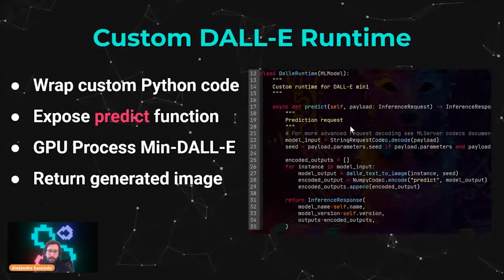This predict function has all of the logic that you want to run, as well as the logic to run any particular artifacts, right? So our custom runtime will first, when it initializes, load the particular model. And whenever it receives a request, it will run this predict function.